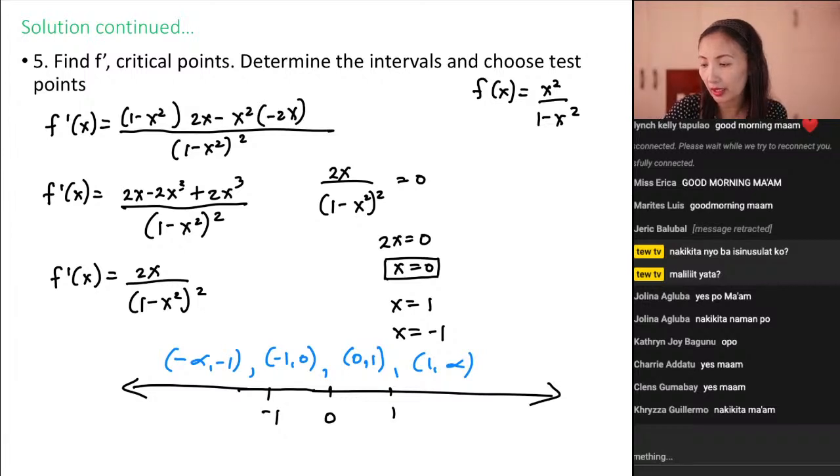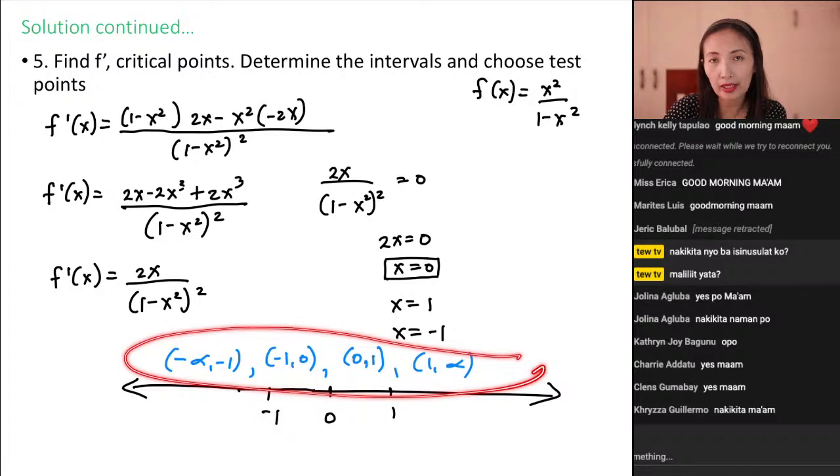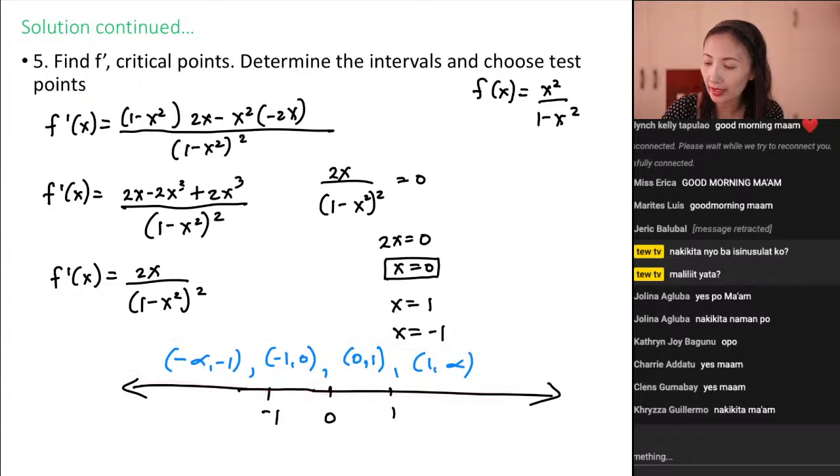How did we identify our intervals? From our critical numbers. Your critical numbers are -1, 0, 1. So if we plot this along the x-axis, it would look like this. So how many test points are we going to choose?